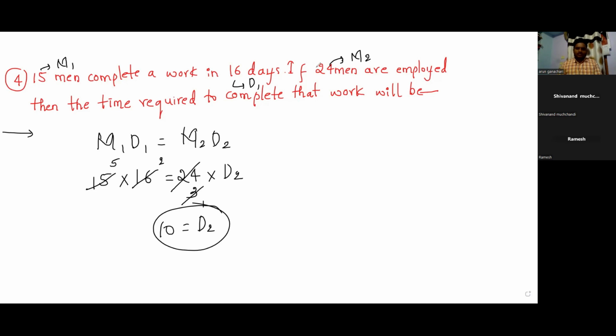Okay, chalo then, now we'll move on to the next question. Try to solve this one. I think this is a little bit difficult. If you don't get it, then I'll help.